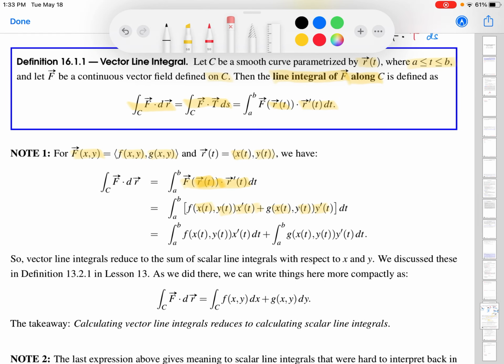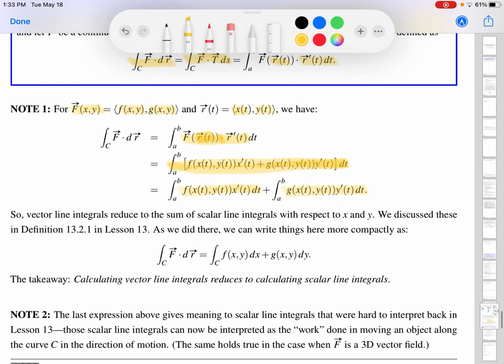And then, this is now taking us back to the types of integrals we were solving in lesson 13, the scalar line integrals. It's technically two integrals, although we will often, as we did there, just write one integral. So it's this integral plus that integral. Back in lesson 13, we had some useful interpretations of the scalar line integrals when they were parametrized by arc length.